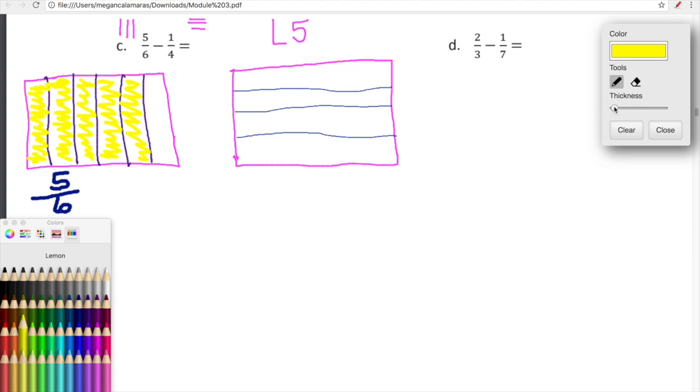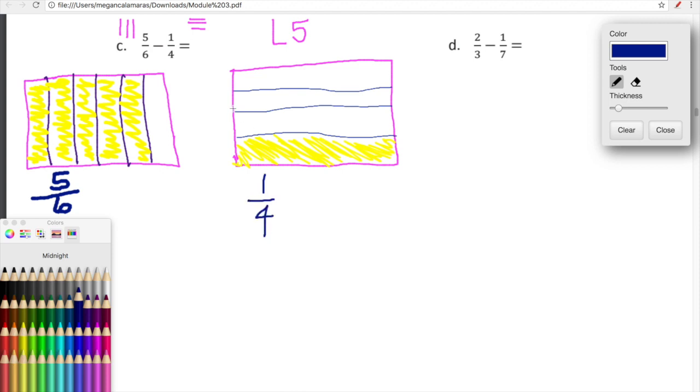Who can tell me how many fourths we're going to shade? Chloe? Thank you, Chloe. We're going to shade 1 of our fourths. This is my shading music. Okay, so now we're going to label our fourth. So this is 1 fourth.